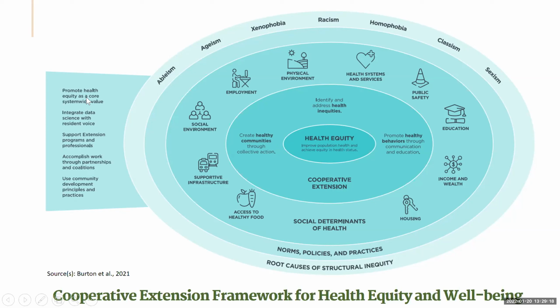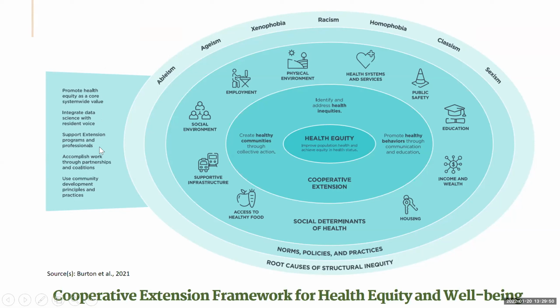And over here to the left in the model, the fin, we often refer to this as the fish, the fin lists 5 high-level recommendations that Cooperative Extension should implement in order to be effective in achieving these goals. The first one is promoting health equity as a core system-wide value. The second is integrating data science with resident voice.